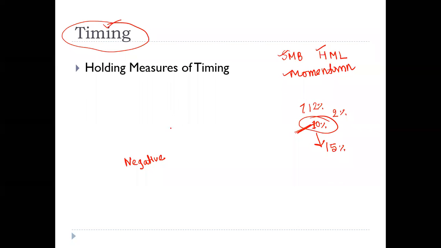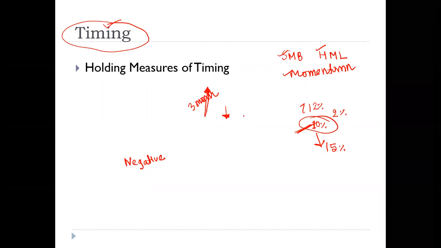So that's why it is recommended to take low and negative exposure in the sentiment factor. I do not know when the sentiment will go up or when it will go down. So if you can anticipate that sentiment is expected to go up in the next 3 months and then it will go down, what can you do to make a profit out of this?